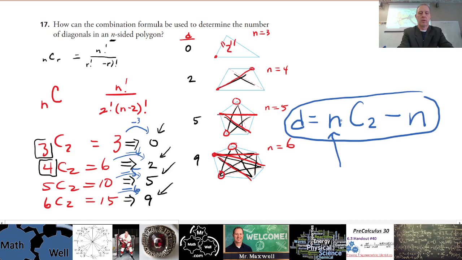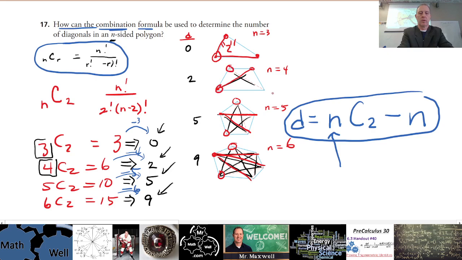Okay, question: where do you get choose 2? Well, the question says, how can the combination formula be used to determine the number of diagonals? So I use the combination formula here. Now the 2 was the only tricky thing, like where do you come up with 2? In order to piece this together, one of the things that you can look at is that there are always 2 vertices that are connected to every point.